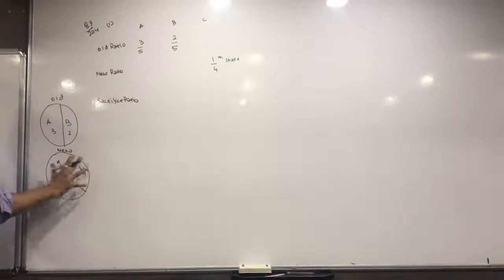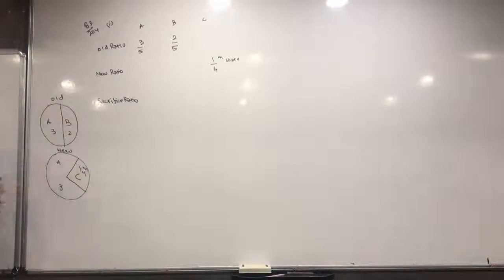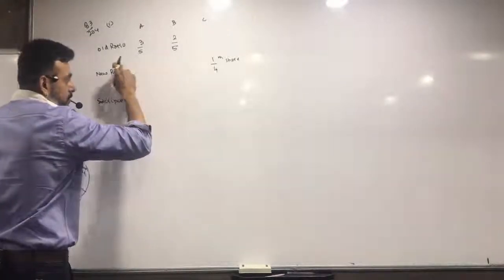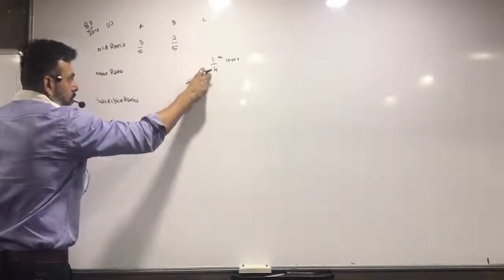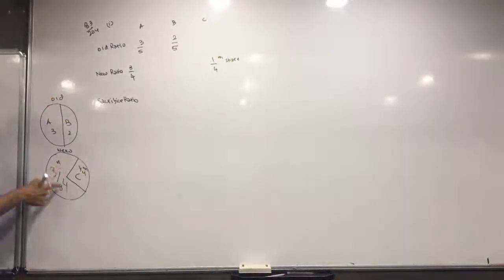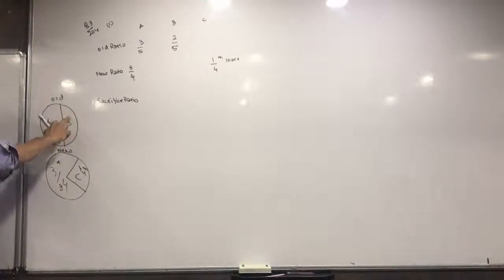This is 1. उसमें से 1/4 चला गया C को, तो रह गया कितना? 3/4. So this 3/4 belongs to A and B. Understood this? Now this 3/4 or 1 minus 1/4, which is 3/4, it belongs to A and B in what ratio? If nothing is given, it is in the old ratio.